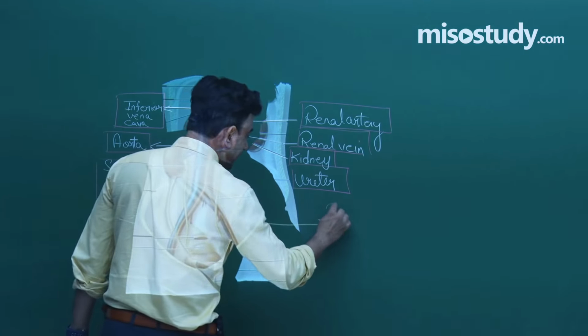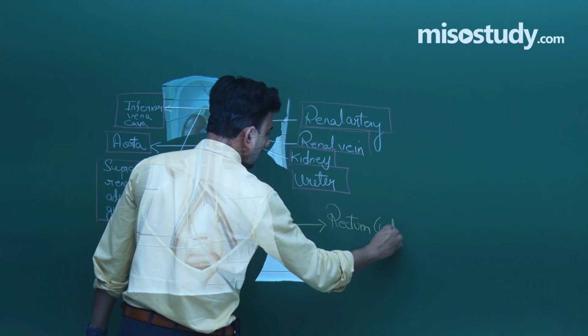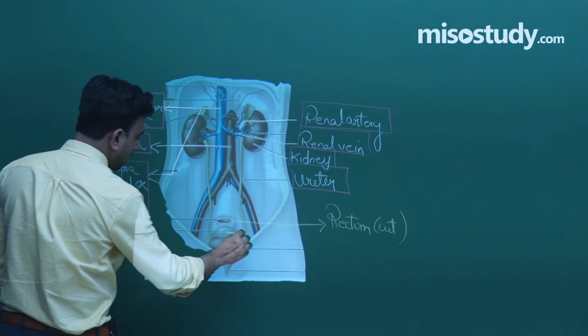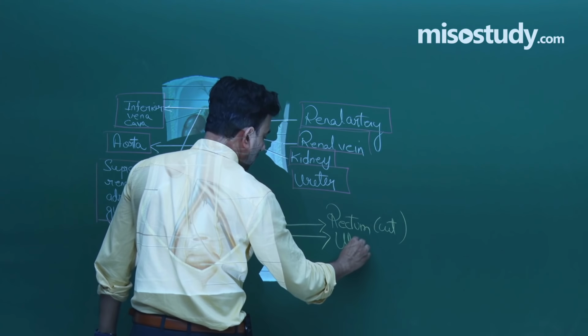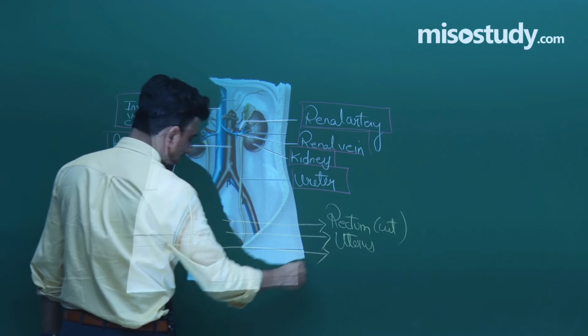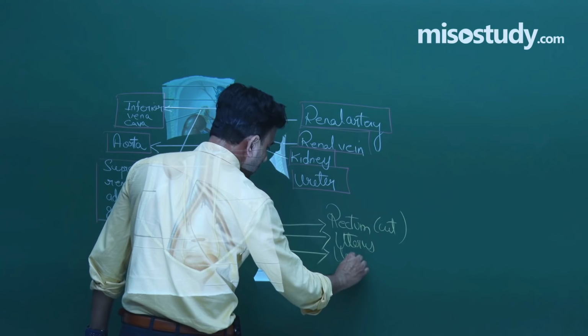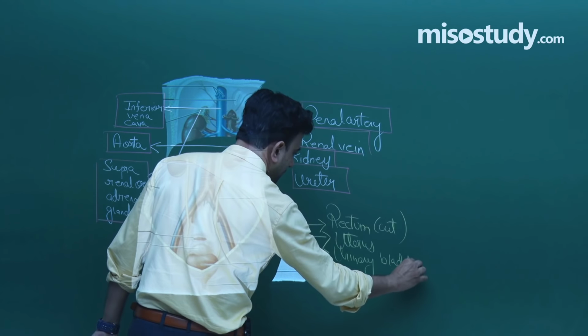This is the rectum, the cut part of the rectum. This is the uterus. We are talking about the female over here, and this is the urinary bladder. Urinary bladder. Right?